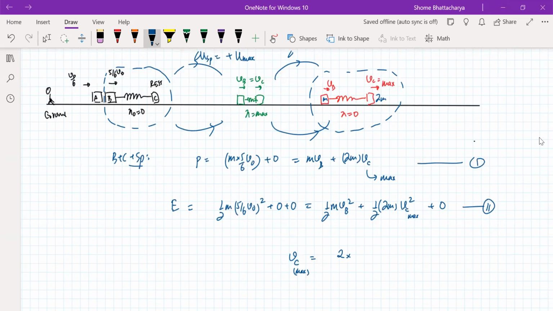So that is 2 into m1 divided by m1 plus m2, into the initial velocity of this one, which was 5 by 6 v naught. So that is 2 by 3 into 5 by 6, so 5 by 9 v naught. So VC's maximum value is equal to 5 by 9 v naught.